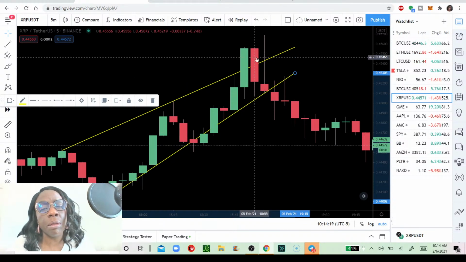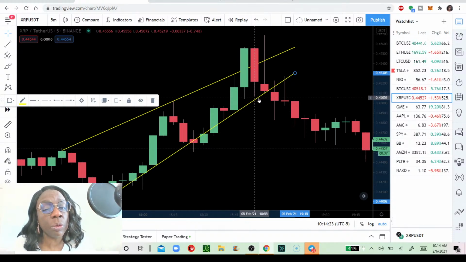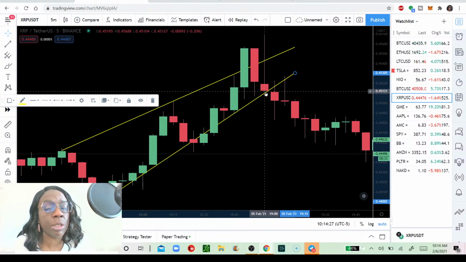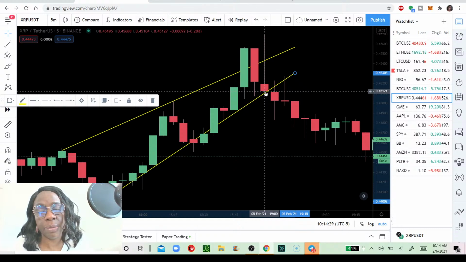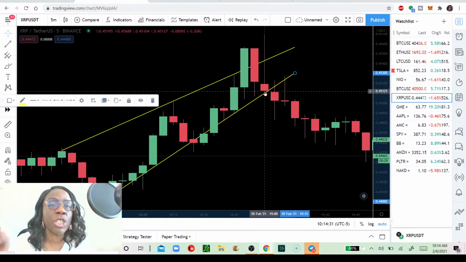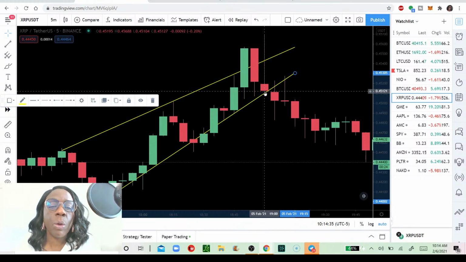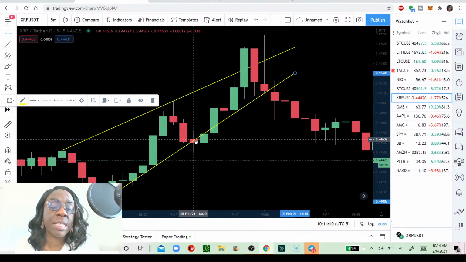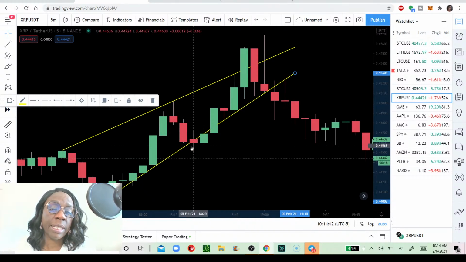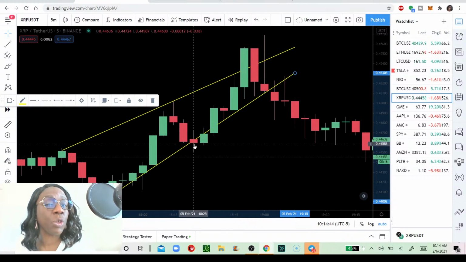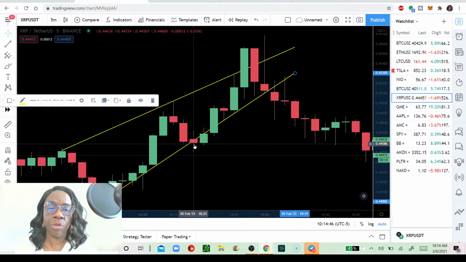The minute price action drops below the bottom trend line, which is your support, you want to consider coming out of your trade. I'll rephrase that. We're looking for a situation where a candlestick closes below the trend line. Then you want to begin to consider getting out of your trade.